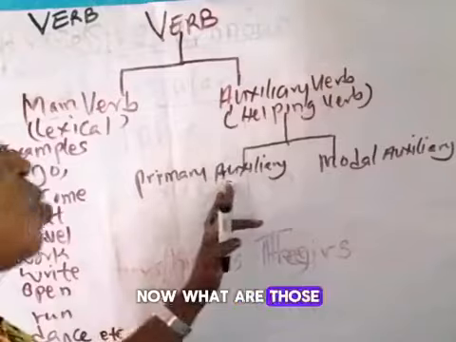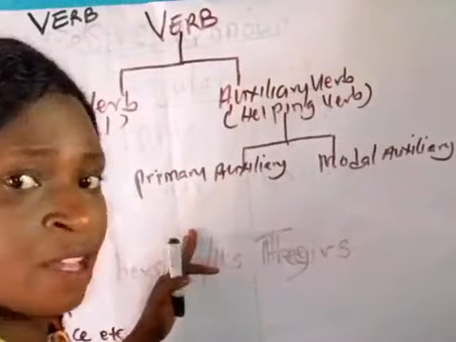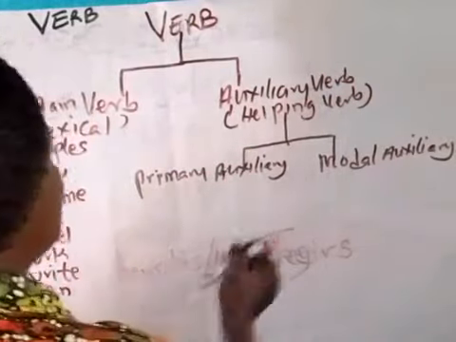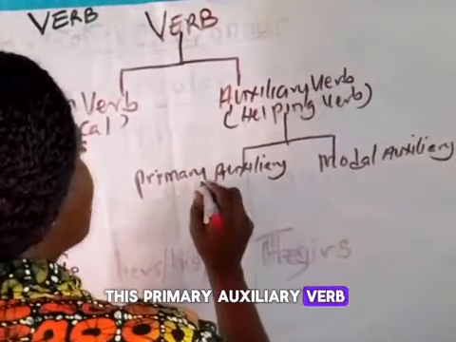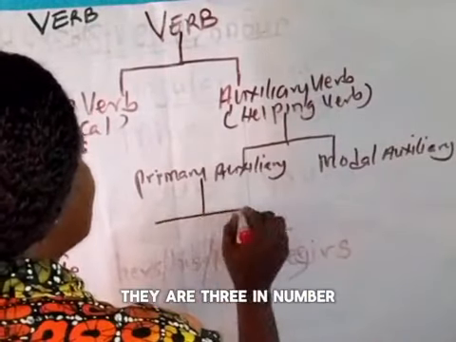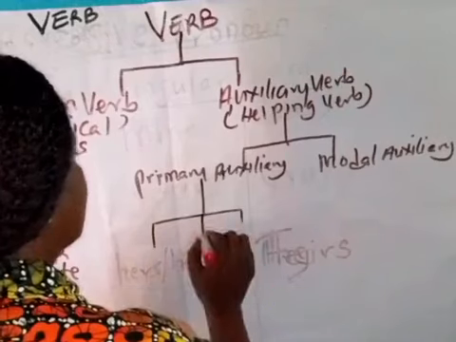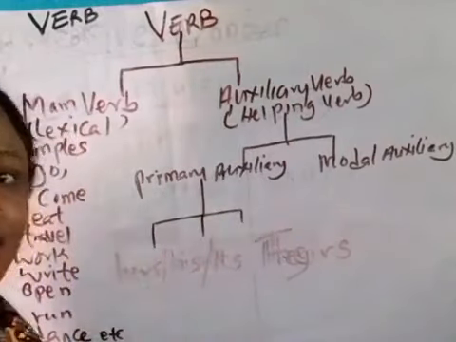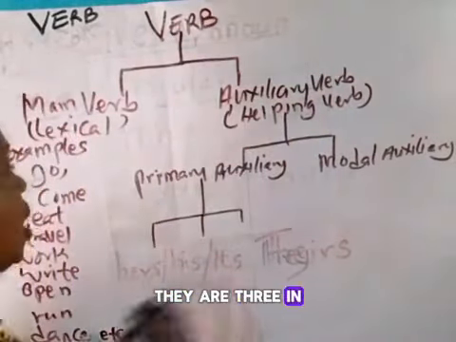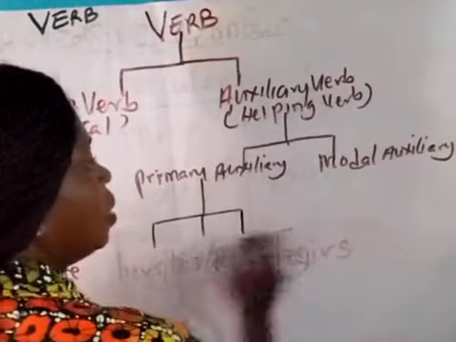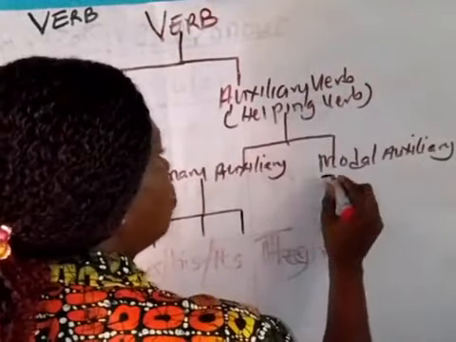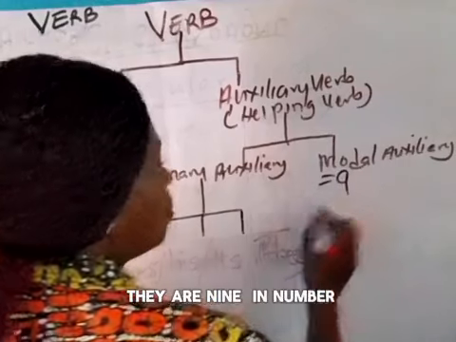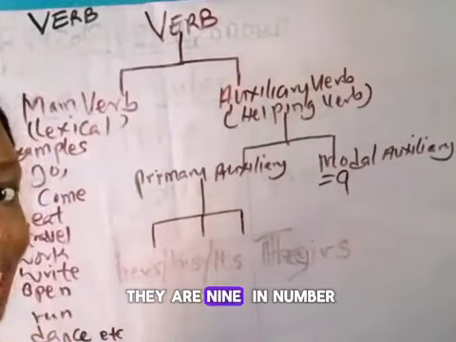Now, what are those primary auxiliary verbs? Let us try to know them. The primary auxiliary verbs are 3 in number. Yes, they are 3 in number. While the modal auxiliary verbs are 9 in number.